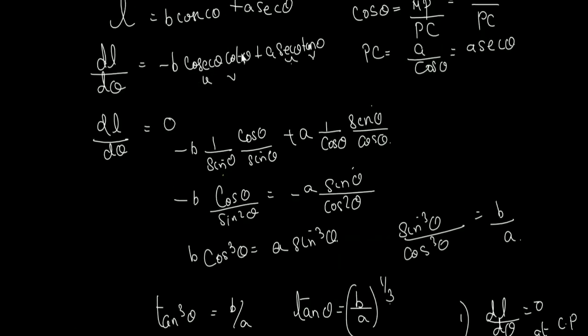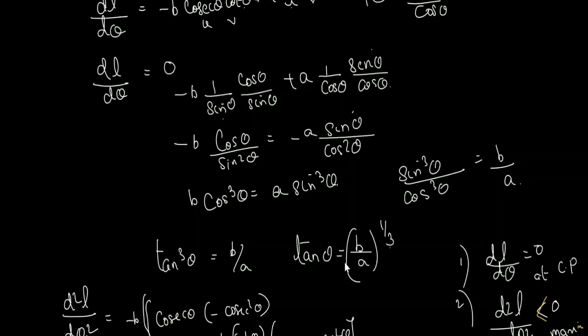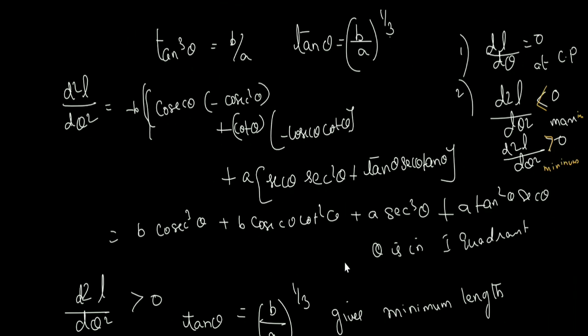Cosecant theta cot theta differentiates to minus cosecant square theta plus cot theta into minus cosecant theta cot theta. Then plus A into secant theta tan theta, whose differentiation is secant square theta plus tan theta into secant theta tan theta. So minus into minus is plus, giving plus A secant cube plus A tan square theta secant theta.